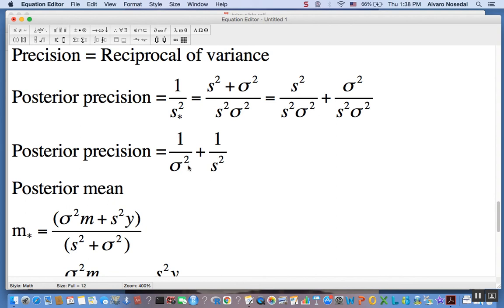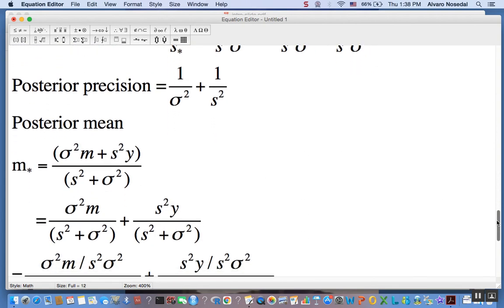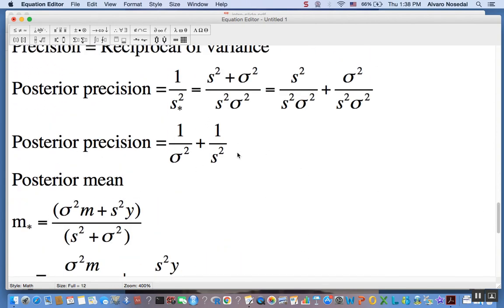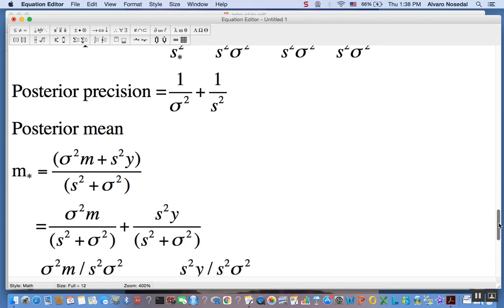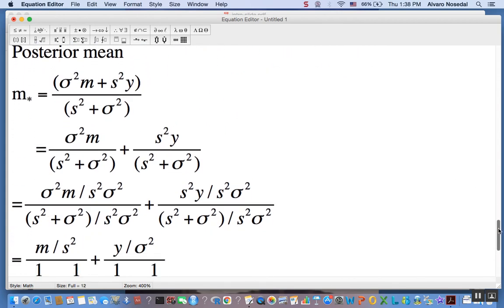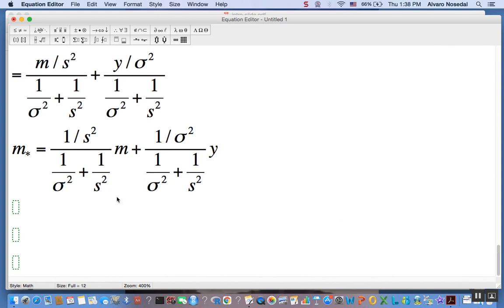That's your posterior precision, and the precision is just the reciprocal of your variance. Okay, and then once you have that, your posterior precision, if you want to find the posterior mean, m star, all you have to do is prior precision times prior mean divided by posterior precision, plus observation precision times observation divided by posterior precision.